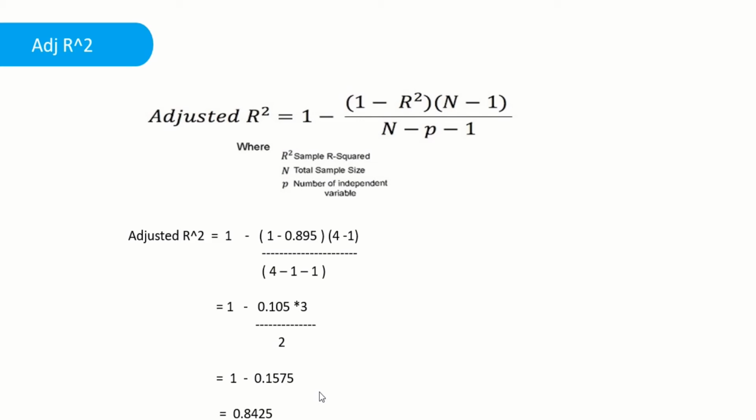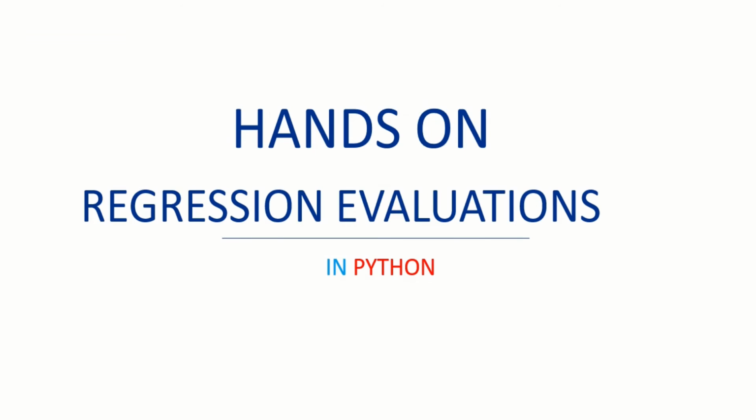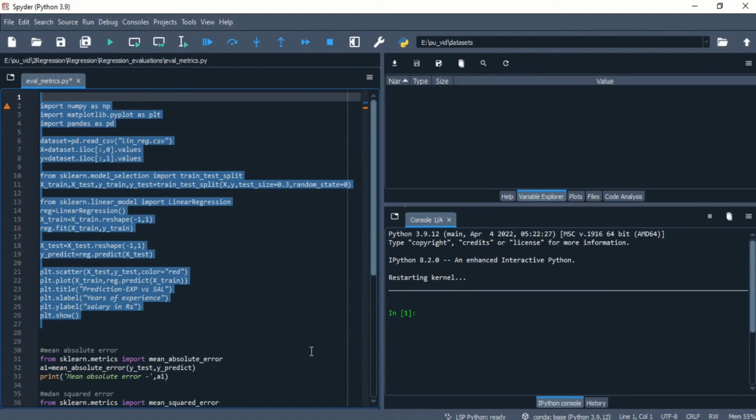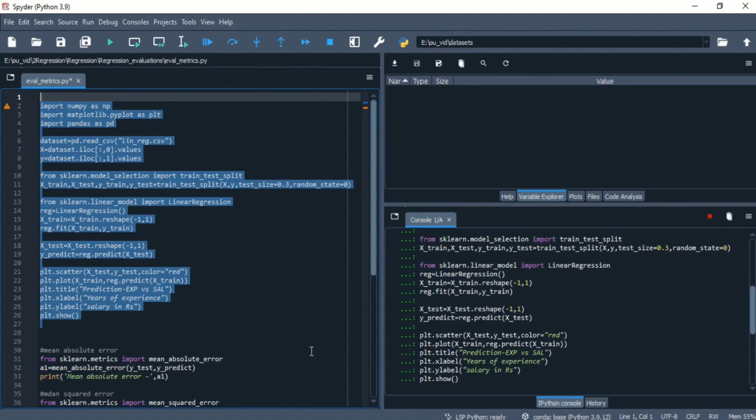Now hopefully you have enjoyed all the numerical examples of the evaluation metrics of regression models. Now it's time for your favorite hands-on session on regression evaluations in Python. For evaluating our regression model, I am evaluating the simple linear regression that we have already solved in the previous videos.